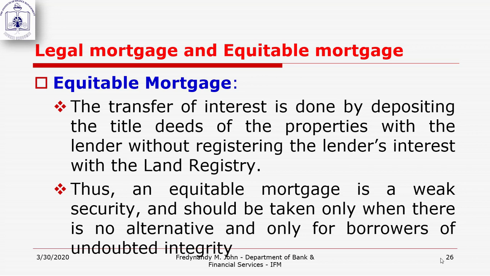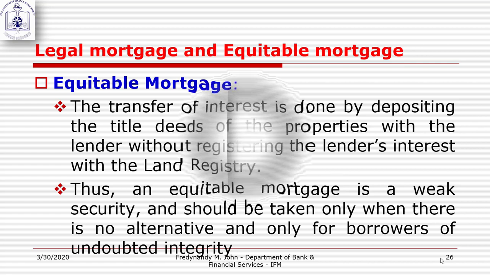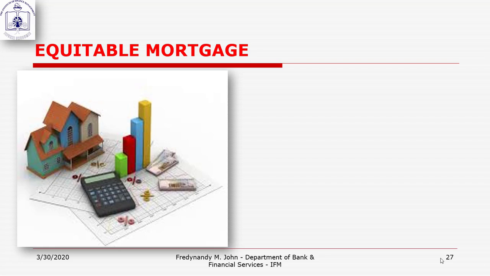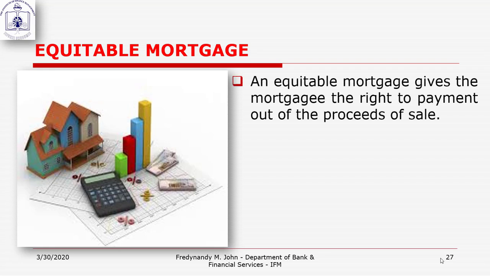So if a banker wants to execute an equitable mortgage, they have to ensure that this is done only if there is no other alternative, and also the integrity of the borrower is unquestionable. Short of that, the equitable mortgage can bring a number of problems to the lender.